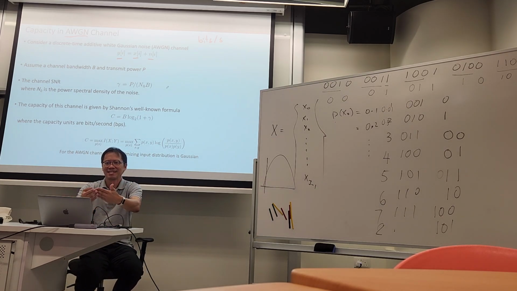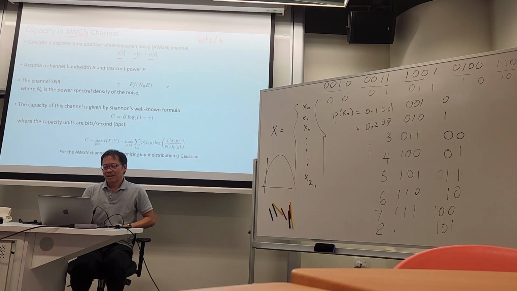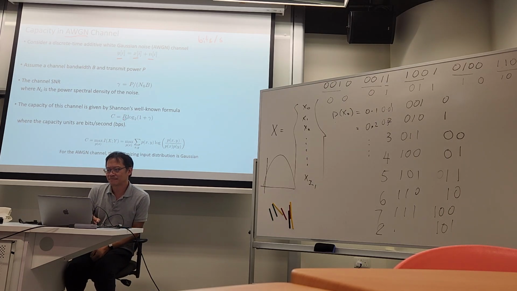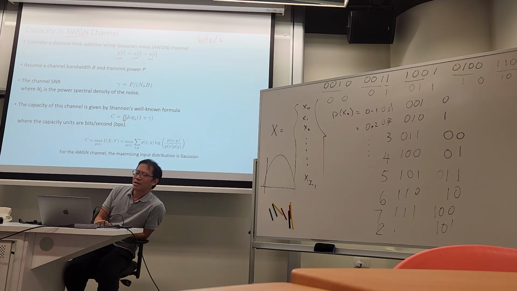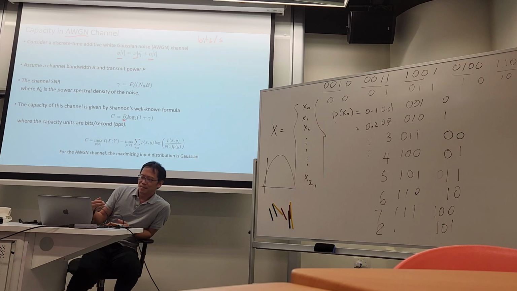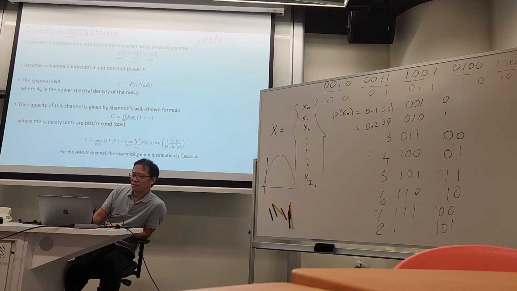So when I change the channel capacity to bits per second instead of per use, it has to be proportional to the bandwidth.